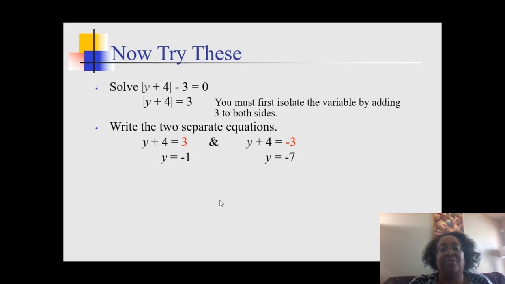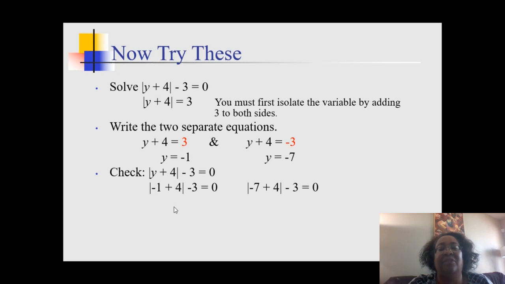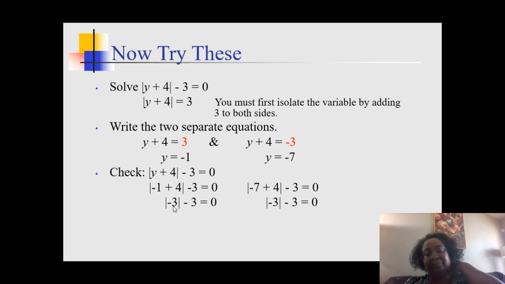And then you want to check your answer. Just substitute negative 1, and you're going to get 3 for your absolute value. And that's going to be 3. And it looks like here they just went ahead and put it in with the original.